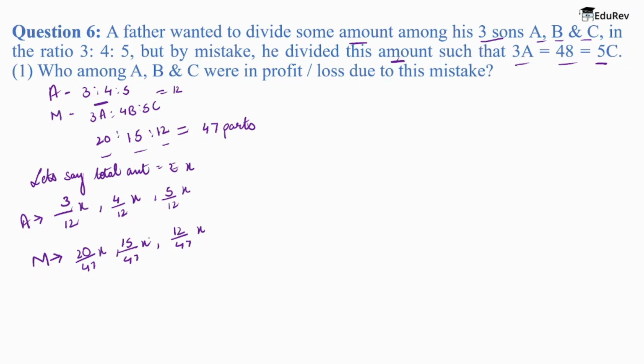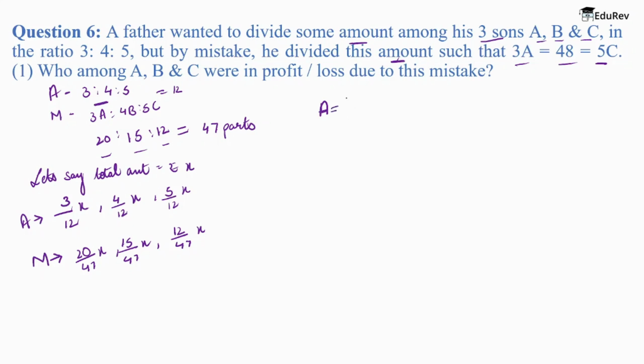So you write X or not, it's one and the same thing because the amount remains the same. Right. So for A, we have got the values in fractions now, in actual and after the mistake. So we have got the fractions here.